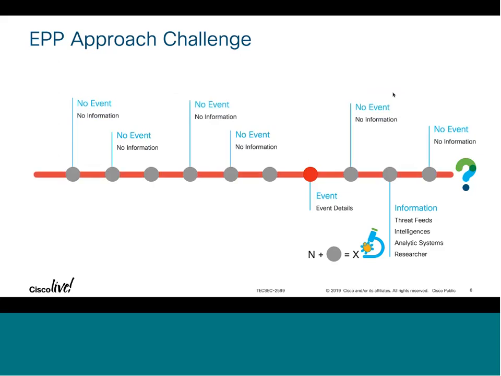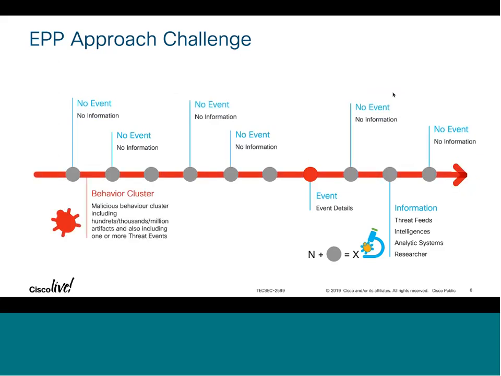So from an endpoint protection approach, we have the following challenge. With an endpoint protection approach, the timeline is just-in-time detection in one direction. If the endpoint is not able to detect something, you don't have any information, and you don't have any information for a threat response approach either.